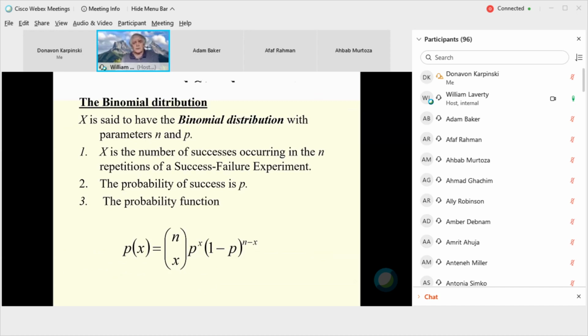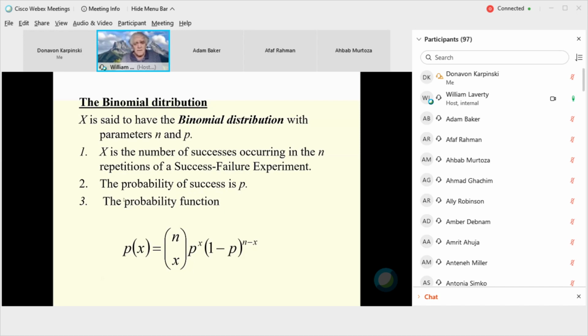The binomial distribution. This is an important discrete distribution. It occurs if you repeat a success-failure experiment a number of times, n times. p is the probability of success. X is the number of successes in the n repetitions.